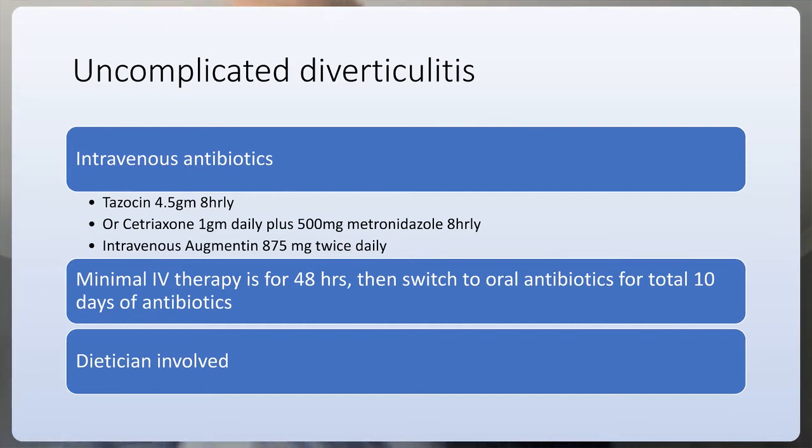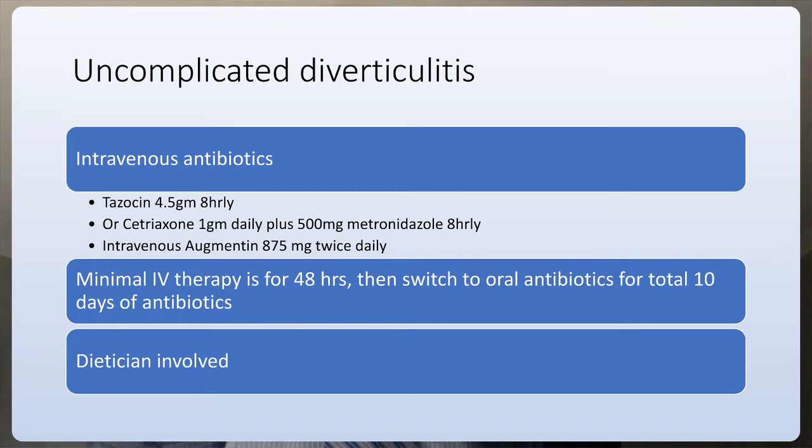Now, these patients will often respond to the antibiotics and the painkillers, and we leave them either nil by mouth or just sips of clear fluid until the pain starts to improve and settles down.